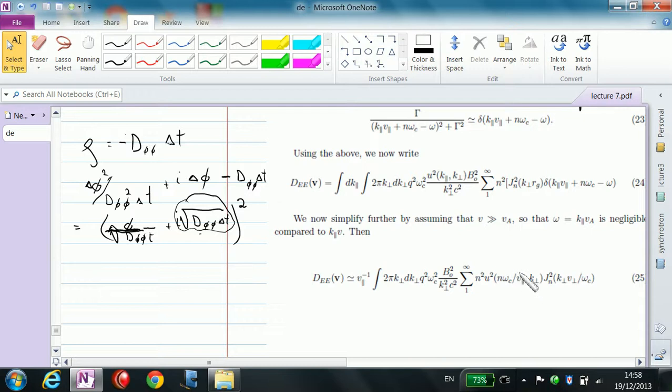Now, for homework, just derive D_vv for electrostatic waves.